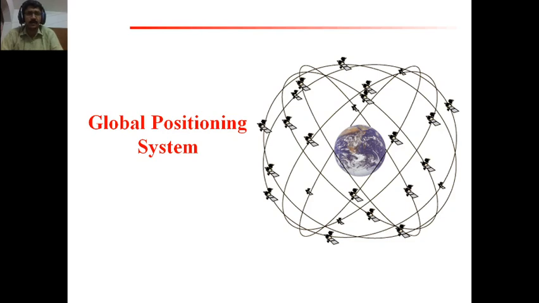Also we are having the GPS. It gives lat long, that is north and east or north and west, right? Like that, it gives the exact latitude and longitude of the particular point where we are, right? So this is the main concept.